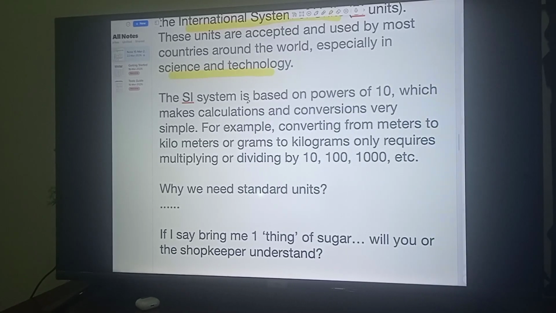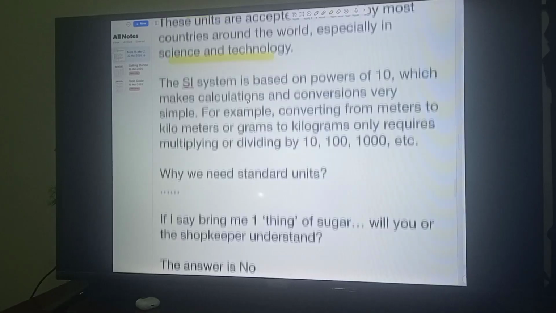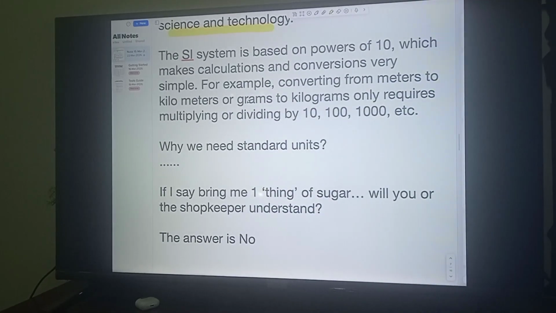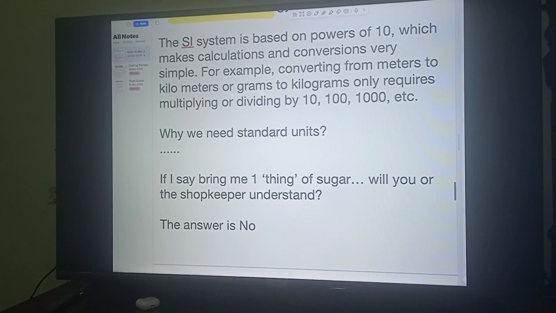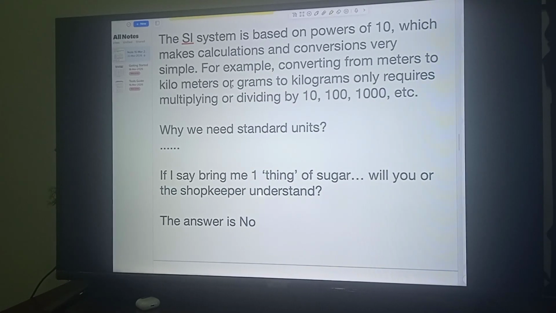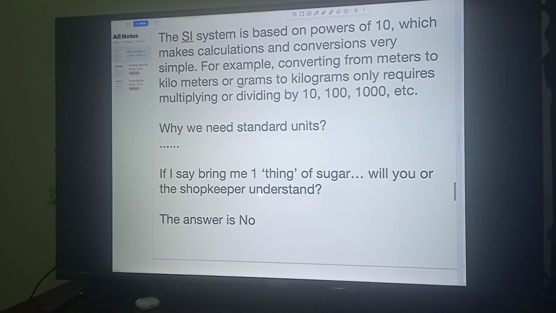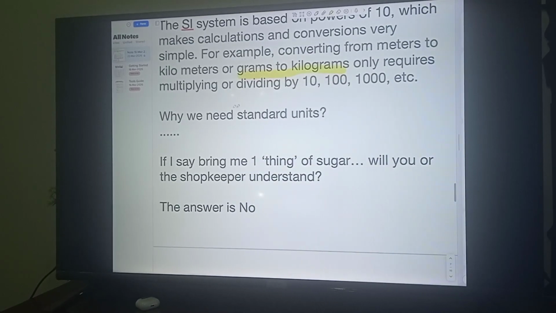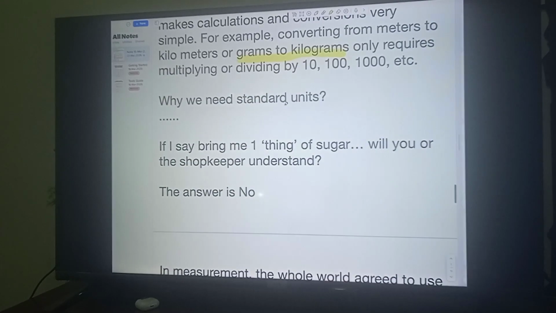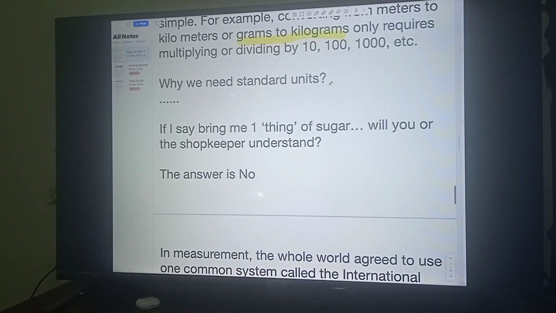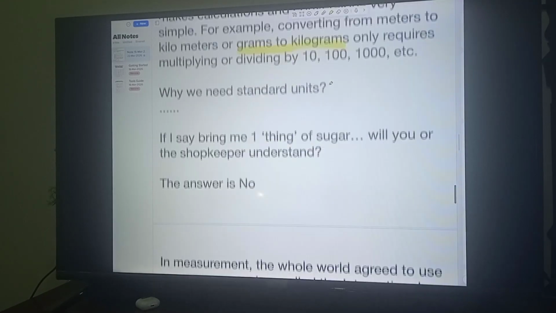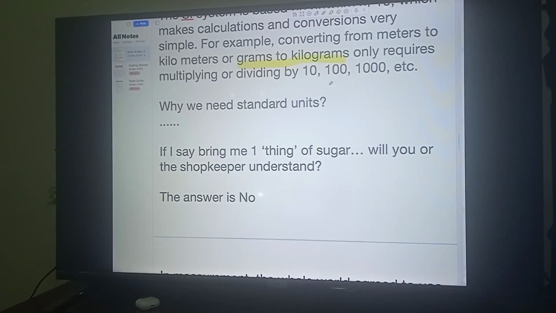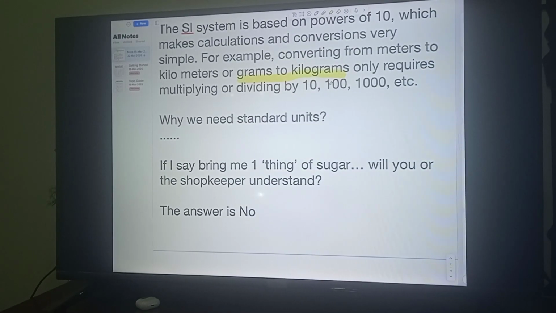The SI system is based on powers of 10, which makes calculation and conversions very simple. For example, converting from meters to kilometers or grams to kilograms only requires multiplying or dividing by 10, 100, 1000, etc. Now the question is, why do we need standard units?